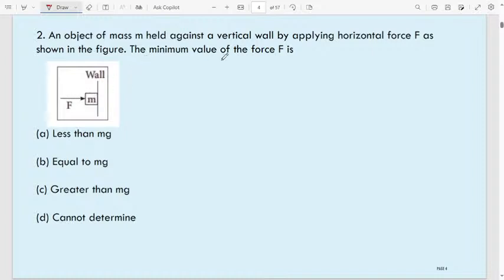Then the minimum value of the force: how much force is required to keep the object m against a vertical wall? You have to hold the object against a vertical wall. To make the object stay against the vertical wall, how much force is required? The correct answer for this question is greater than mg.